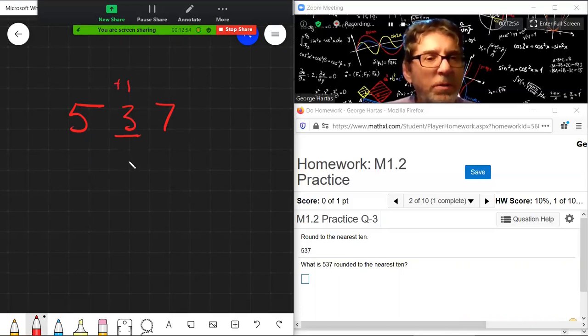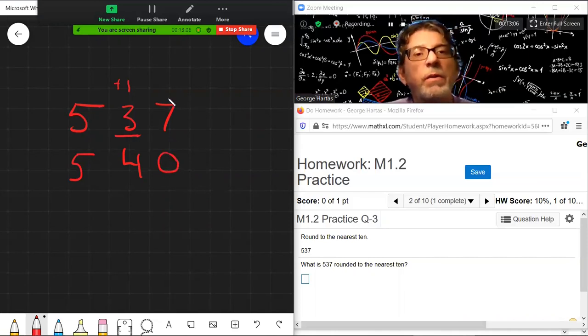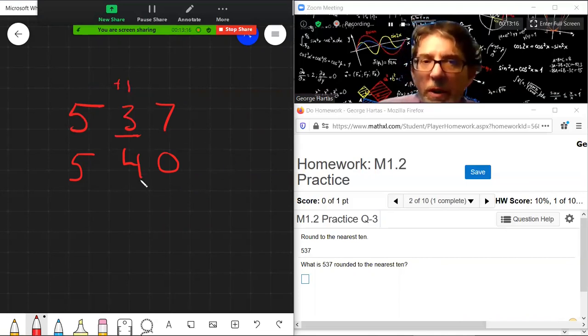So 1 plus 3 is 4. All digits to the left of the underline come down the way they are. All digits to the right of the underline convert to zeros. 537 is closer to 540 than 530, because 7 is closer to 40 than 30. So let's put that in there.